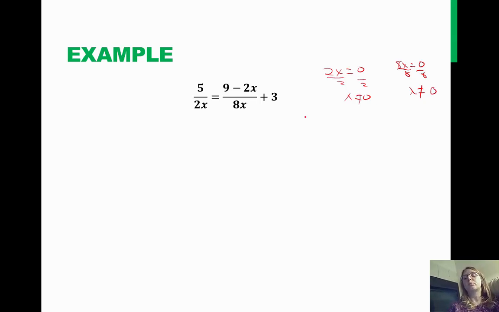Now, let's solve our problem here. We're going to find a common denominator, and remember, you have a 3 sitting here with nothing as a denominator, so I can just assume that's a 1. And 2 goes into 8, and we have an x in both of those, so I'm going to say 8x is my least common denominator. So let's multiply each of these by 8x.